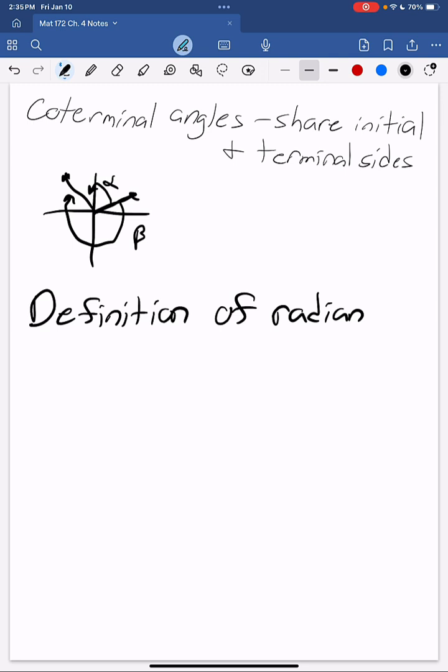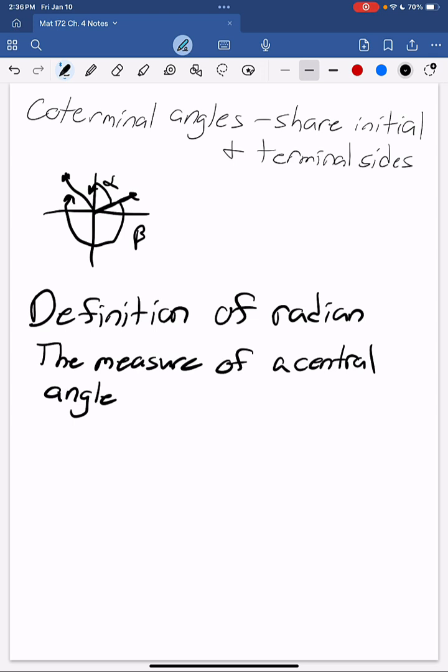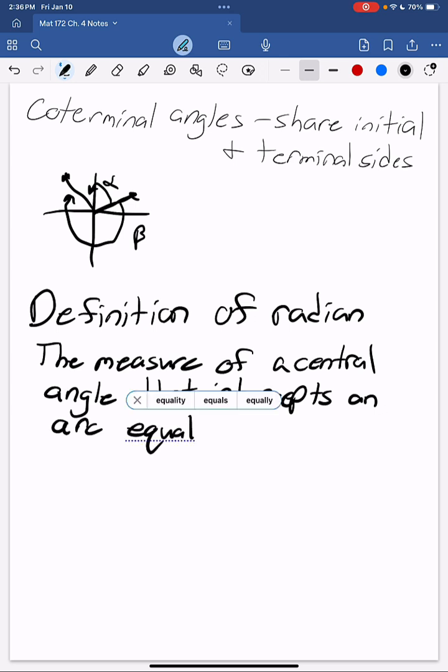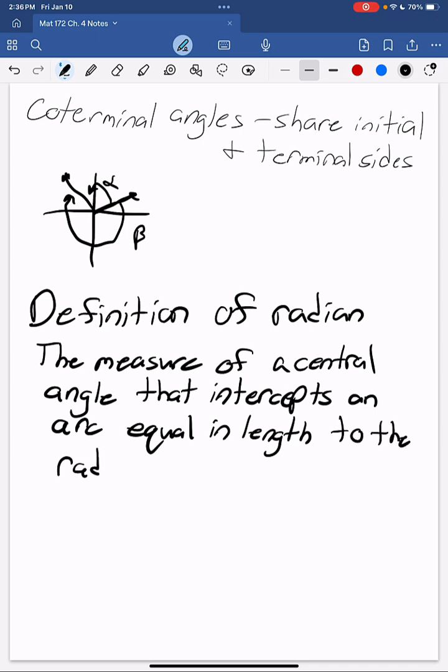All right, so the definition of a radian is the measure of a central angle that intercepts an arc equal in length to the radius of the circle. Okay.